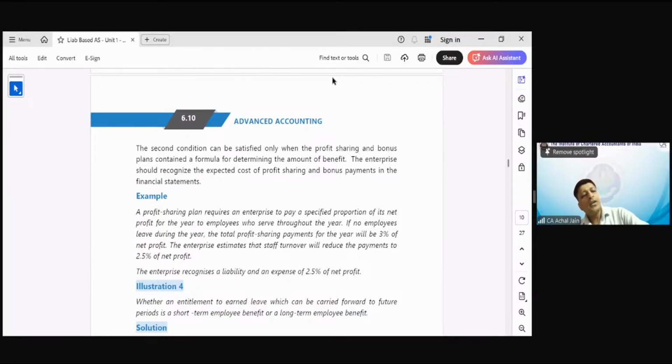If it is accumulating for more than 12 months, then it will be long term, and if it is only for 12 months, then it will be short term. Okay, but in this case, how will you go about it? Will you call it as short term or long term? So it's written future period, so I think it will be long term only, but we can give both points of view in this question.